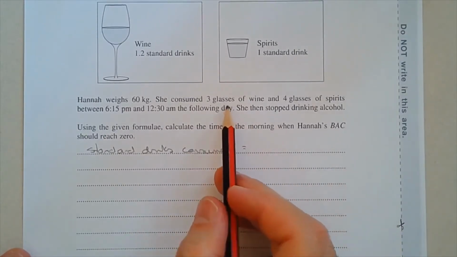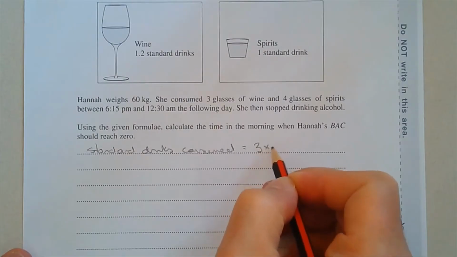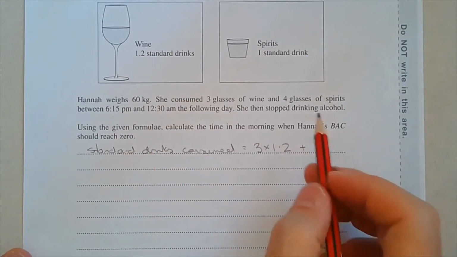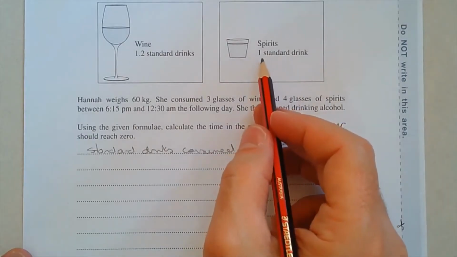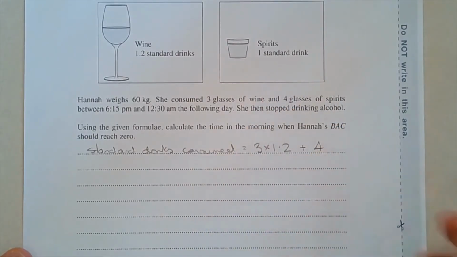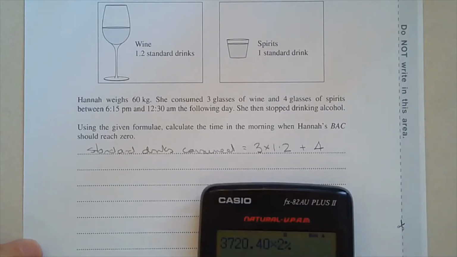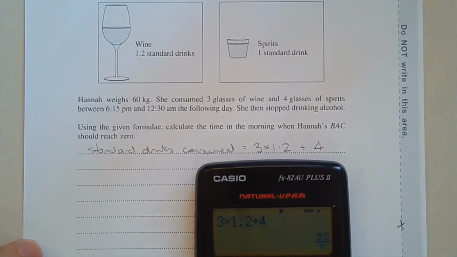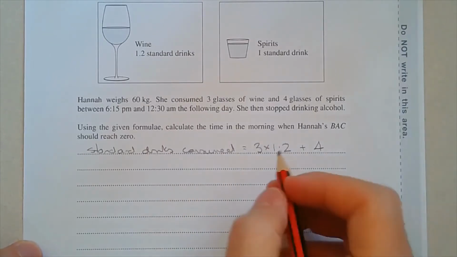She consumed 3 glasses of wine, 3 times 1.2 standard drinks per glass, plus 4 glasses of spirits, and a glass of spirits is 1 standard drink, so we can just add 4 to that. So 3 times 1.2 plus 4 is 7.6.